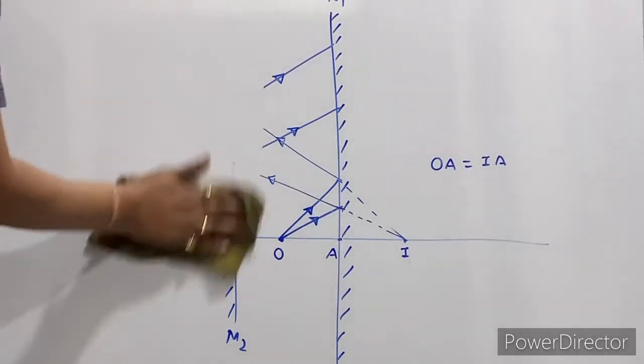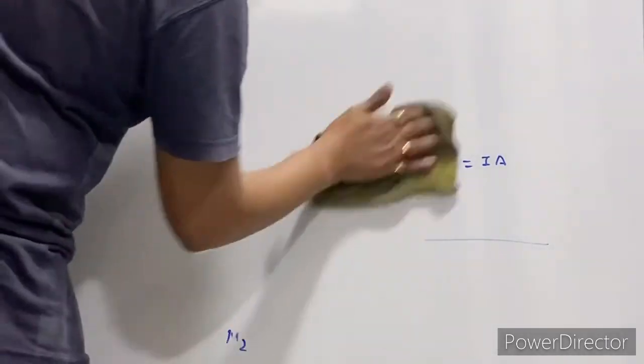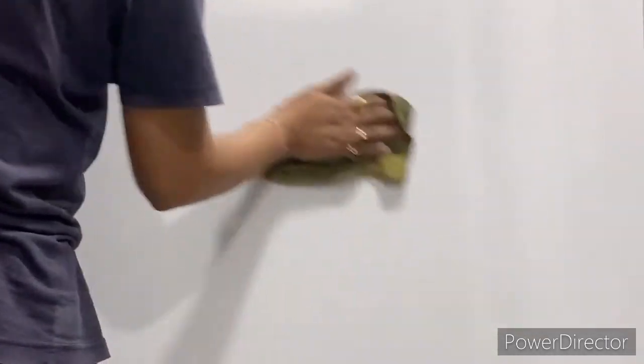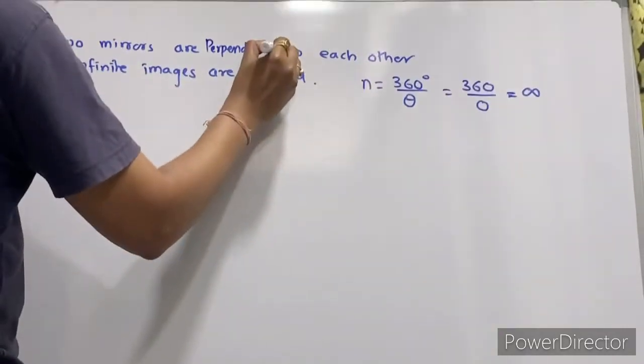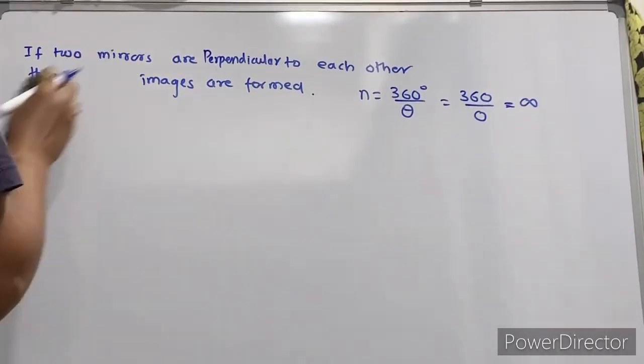Now, next part: if two mirrors are perpendicular to each other, how many images are formed?